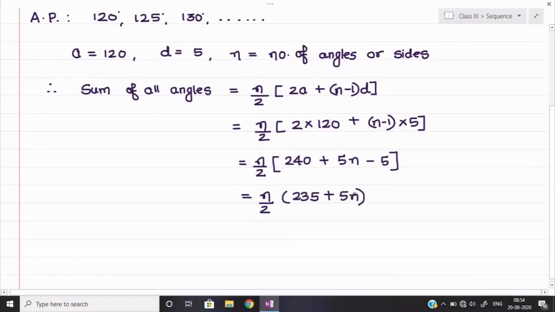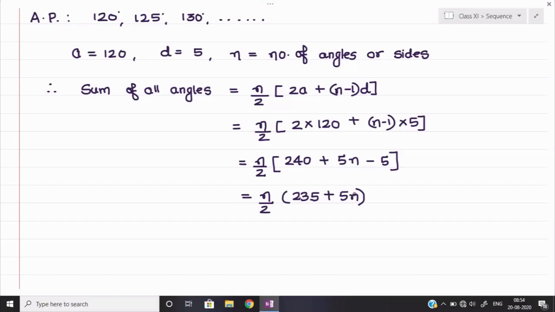Means if you add 120, 125, 130 till the last angle, if you add all of them, the sum is coming like this. But this sum we found with the help of the fundamental of AP, because the angles are forming an AP over here. But suppose we take the formula in general, I mean the angles are not forming an AP, but still I want to find out the sum of all angles.